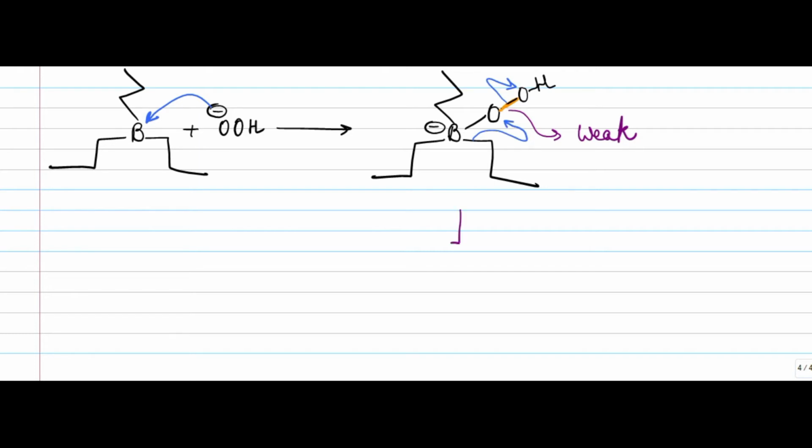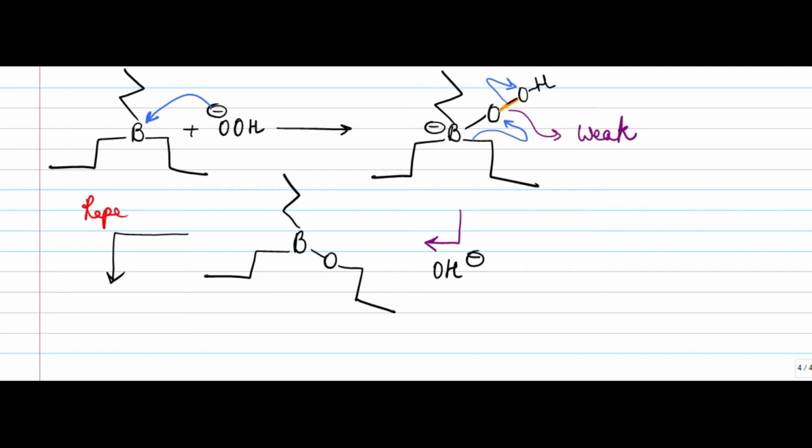And so finally what happens? Finally you have boron, and now you have oxygen, and then minus OH minus. Clear? Now once again, this is supposed to be repeated how many times? Repeat 2 times.